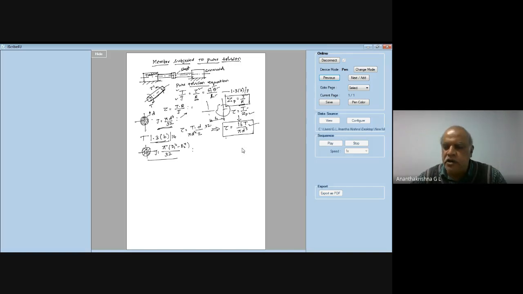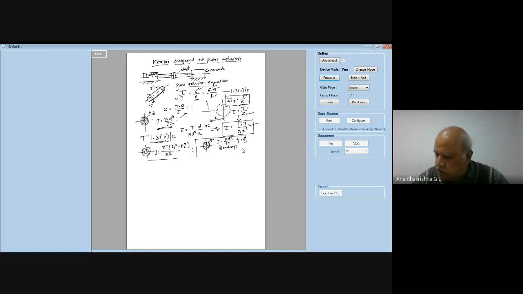Please don't get confused with the member subjected to bending. For a member subjected to bending, for a solid circular cross section, I is equal to pi d4 by 64, y is equal to d by 2, in bending.